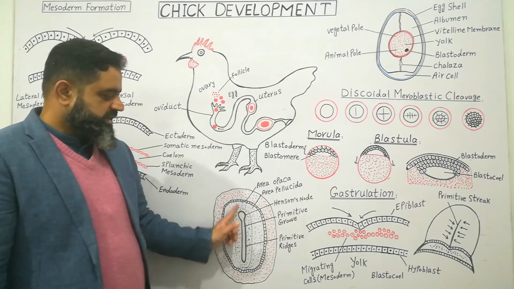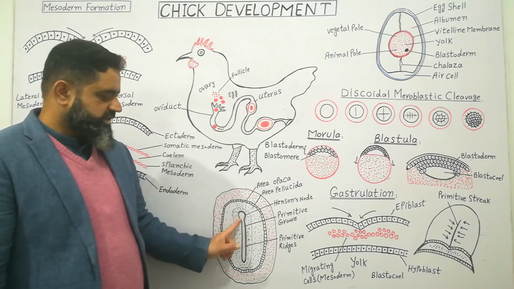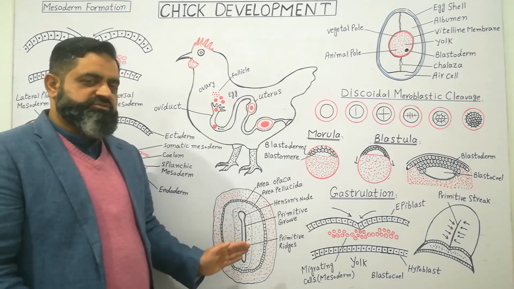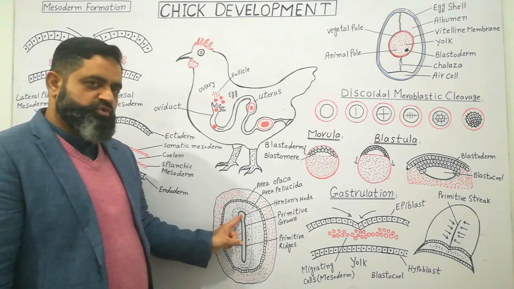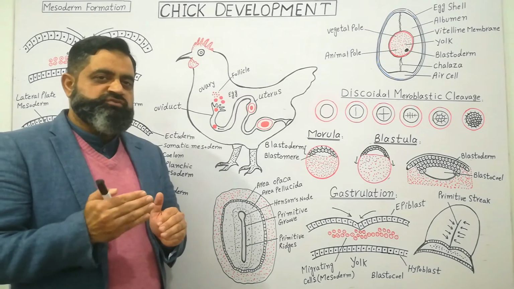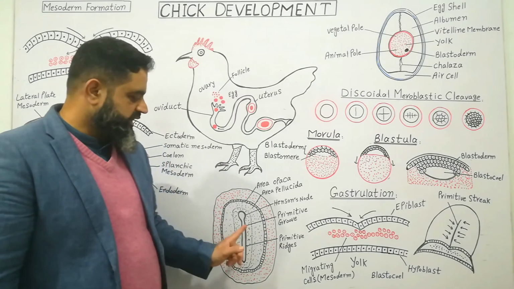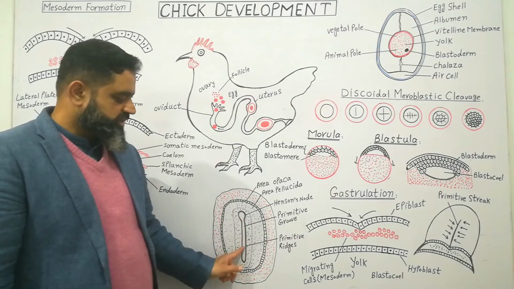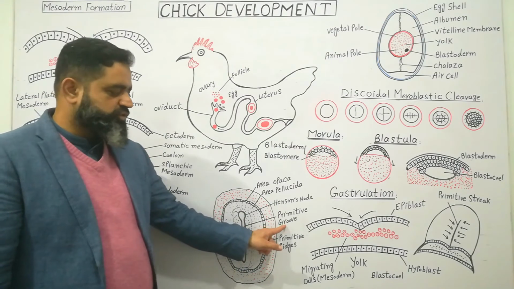At the anterior end, or the cephalic end, there is an invagination which is known as Hensen's node. The cells migrating through this Hensen's node will migrate inside and form the notochord, which we will discuss in the next lecture, while the rest of the streak, as you can see right over here, is known as the primitive groove.